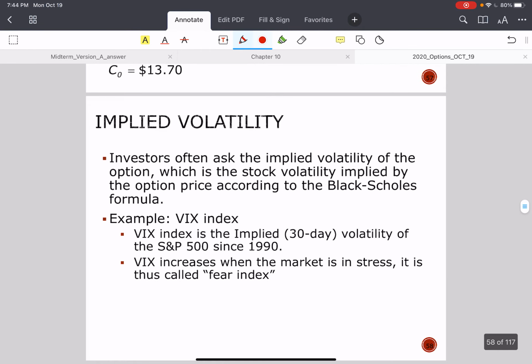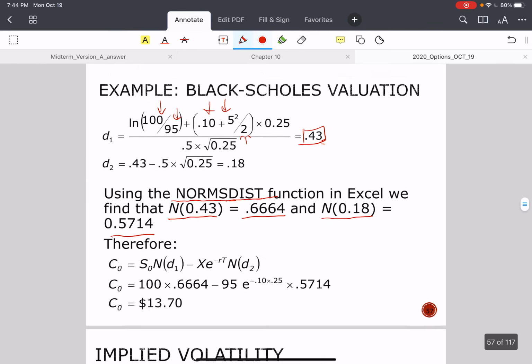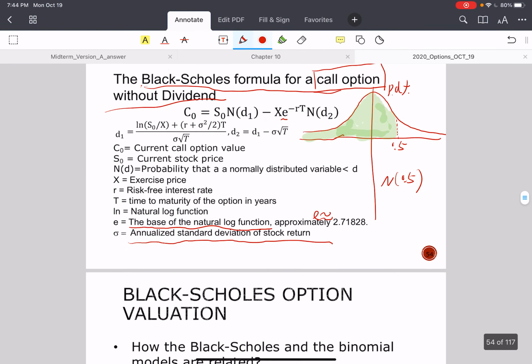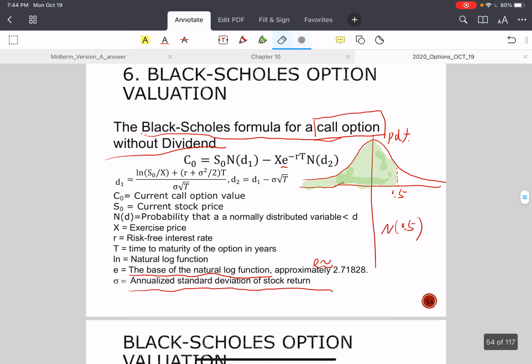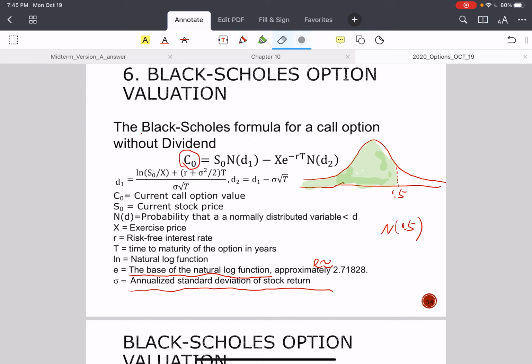Okay, a very important application of Black-Scholes formula is about implied volatility. If you trade, if you have an investment account, it's very likely you have heard about implied volatility. First, what is the implied volatility? Well, if you look at this formula, what you can see here is if you have call option price, right? I mean, in the market, when you're actually trading call options, you can just take call option as given, right?